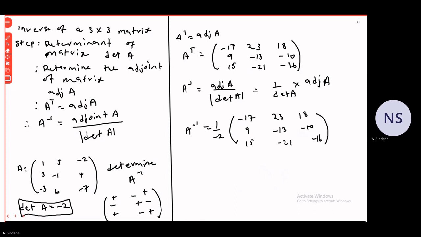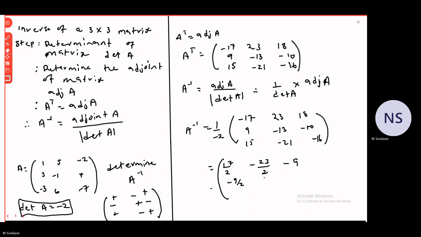When we multiply them, this will be positive 17 over 2, negative 23 over 2, negative 9, and then negative 9 over 2, negative 13 over 2. Oh, no, this is going to be positive. 13 over 2 will be positive because negative multiplied by negative.